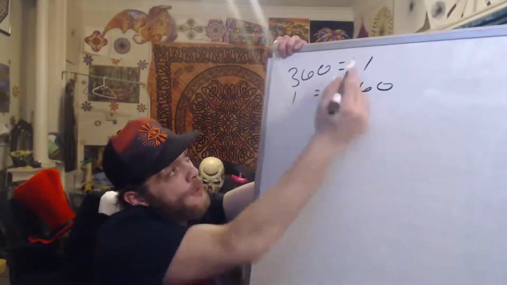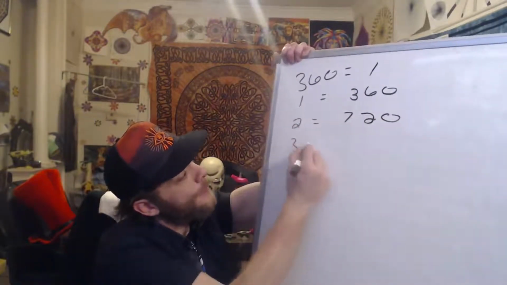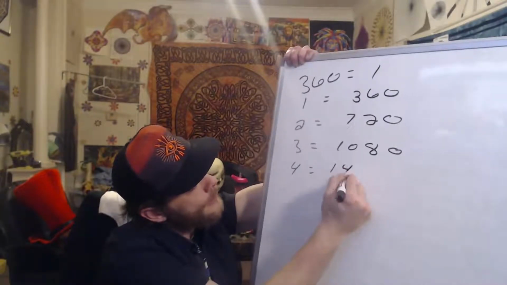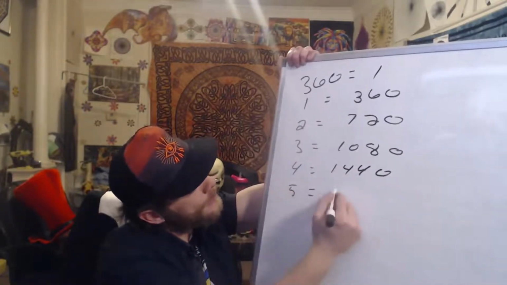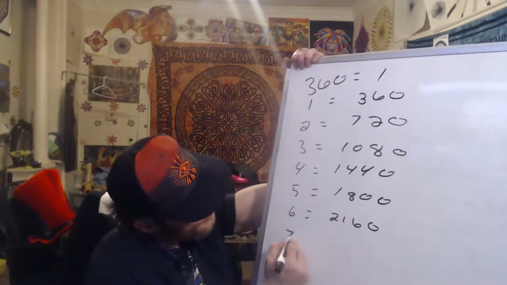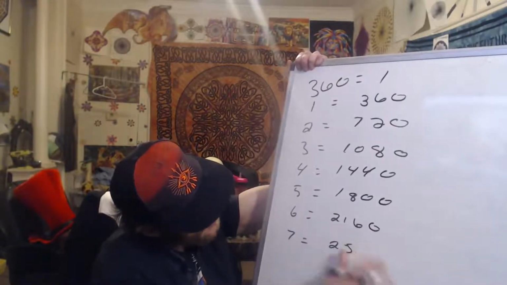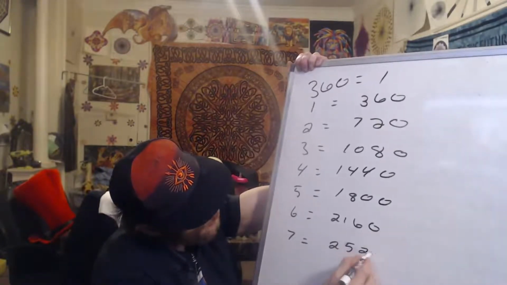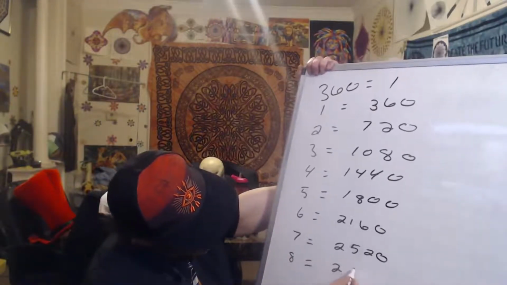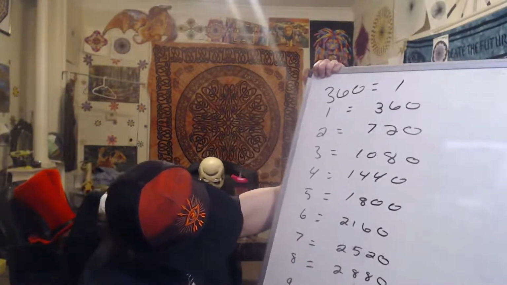So then I went on and said, well, if this equals this, then 2 equals 720, and 3 equals 1080, and 4 equals 1440, 5 equals 1800, 6 equals 2160, 7 equals 2520, 8 equals 2880, 9 equals, do you see what's happening?